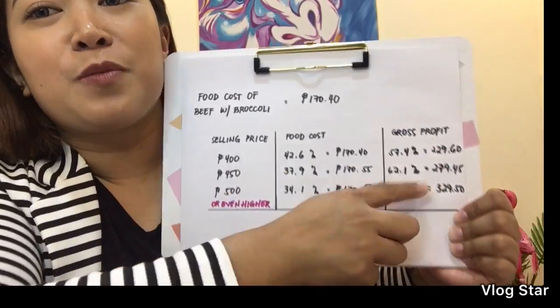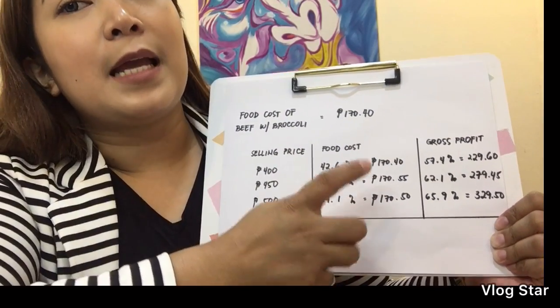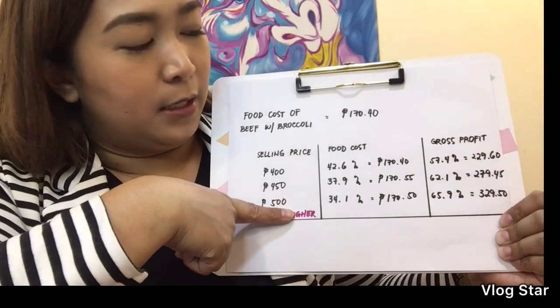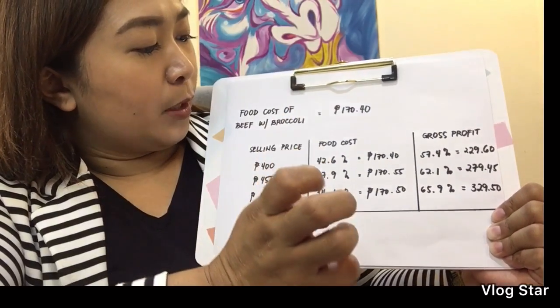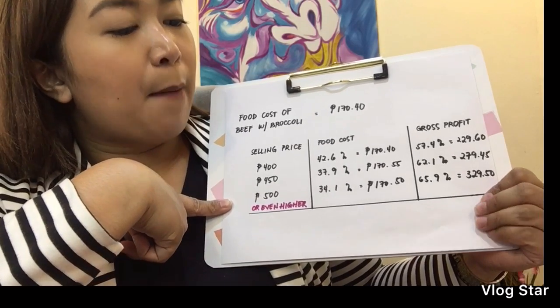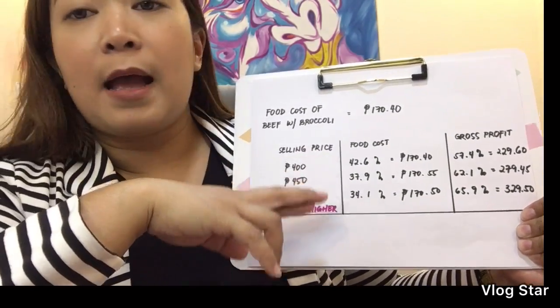So, gross profit pa lang to. Meaning, yung food cost pa lang yung naileless mo out of the revenue, which is this one. Okay? So, doon makikita nyo yung sinasabi natin na 35 to 45% na food cost.